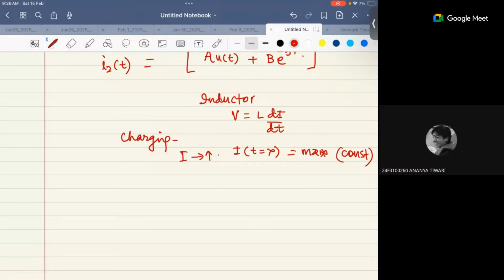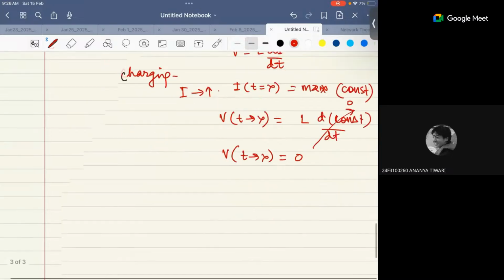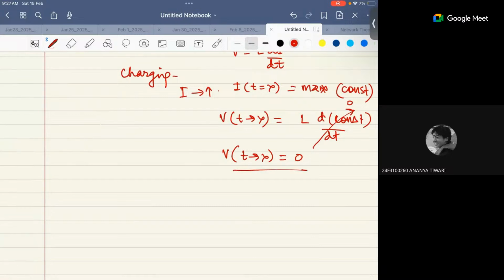So when you calculate voltage at t equals infinity, it will be L d of some constant value by dt. So this will be 0. So voltage at t equals infinity is 0. So directly you can change the inductor to a short circuit at t equals 0 minus or t equals infinity, because both of them are steady state, right?